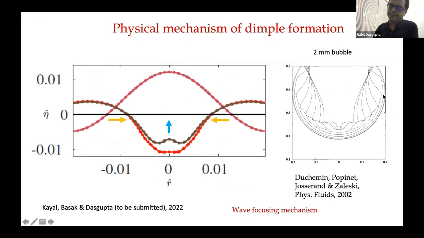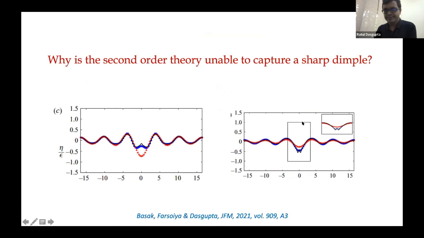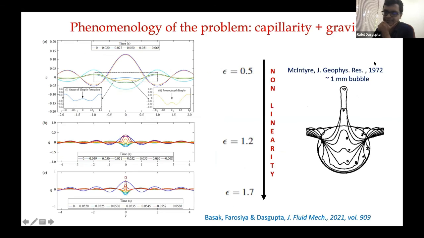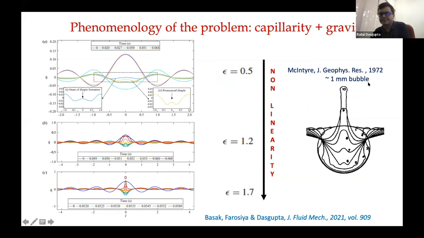So this is where it applies. I showed it in the first slide, so maybe I can go back to this. This is taken from experiments, and this is about a 1 millimeter bubble. What actually happens is in the ocean, you have waves which break and entrap large bubbles, and because of ambient turbulence in the upper layer of the ocean, that bubble breaks up.